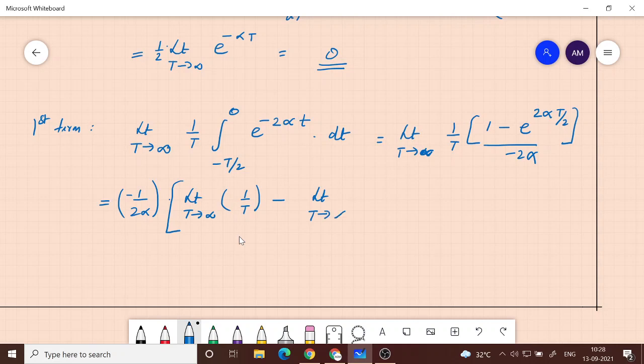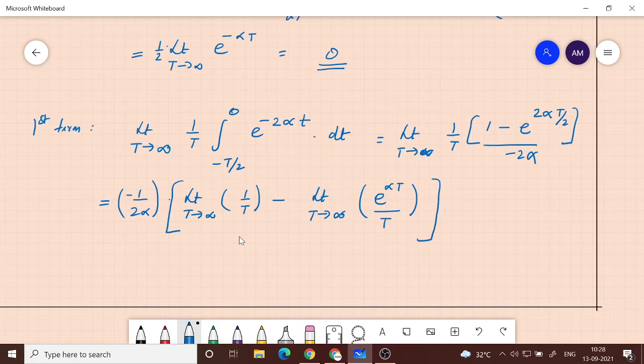As t tends to infinity, there is a minus, I have taken outside. So this is e raised to alpha t, the 2 cancels, divided by t, correct? Minus 2 alpha I have taken outside. There is a minus sign here, then this 1 by t I am taking inside.